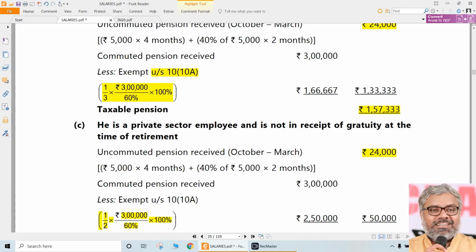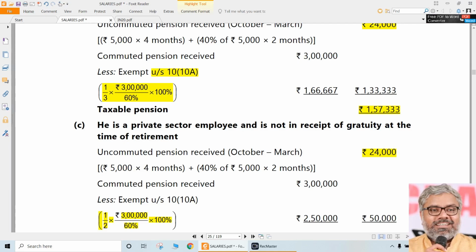For example, if somebody has received 5 lakh rupees as commuted pension, which is representing, say, two-thirds of it. Two-thirds only he has commuted, against which he has received 5 lakh rupees. Then you cannot search for percentages. Then you have to calculate 5 lakhs into, because this is representing two-thirds, how much would have been the full pension? Into 3 by 2.